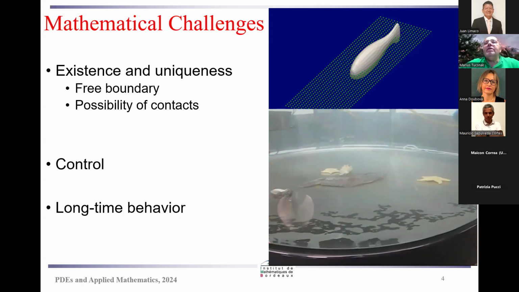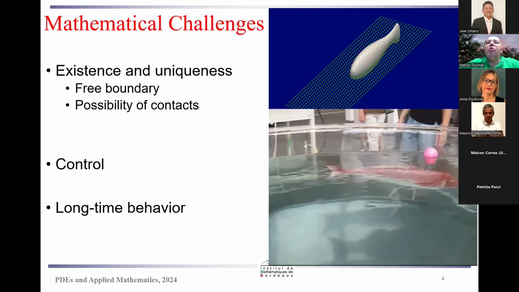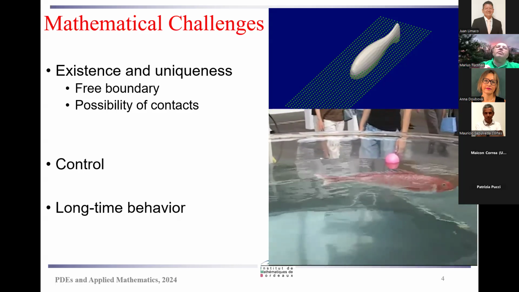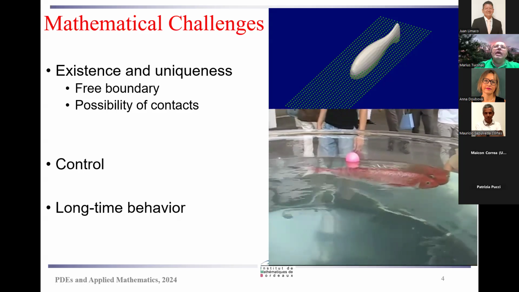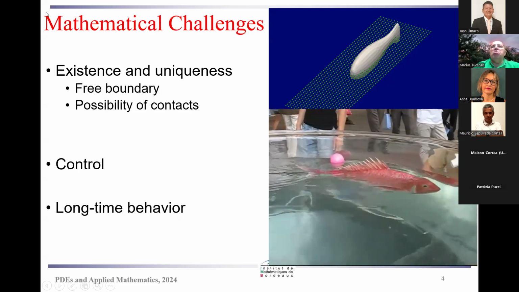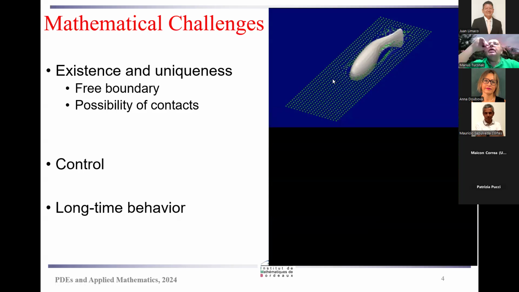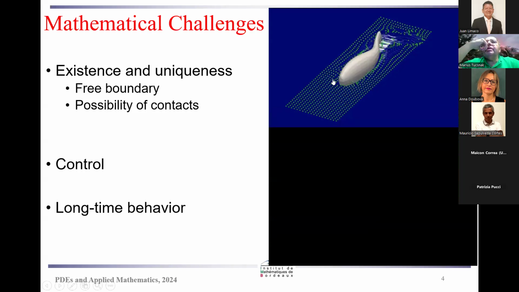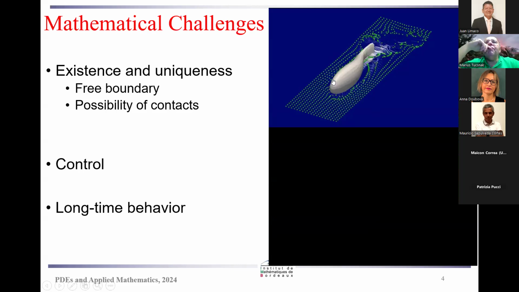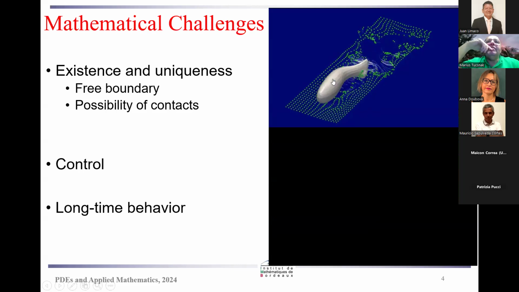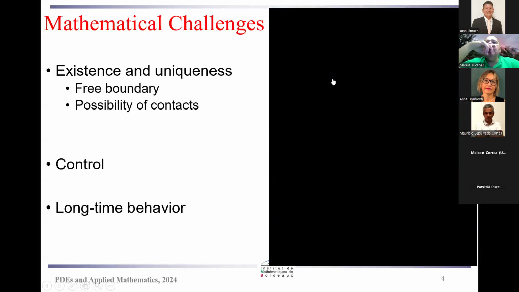This object is a robot, in fact, a robotic fish produced somewhere in England, like 5 years ago at least. And in the second image, we have a simulated fish, which you see has more difficulties to swim.